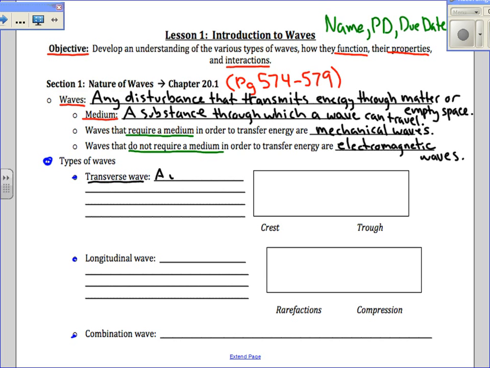Okay, a transverse wave is a wave in which the particles of the medium move perpendicularly to the direction the wave is traveling.